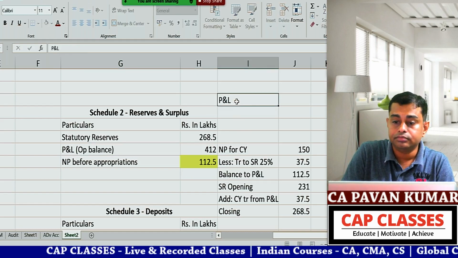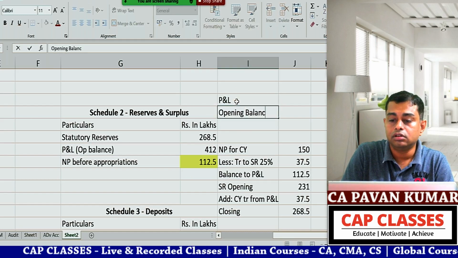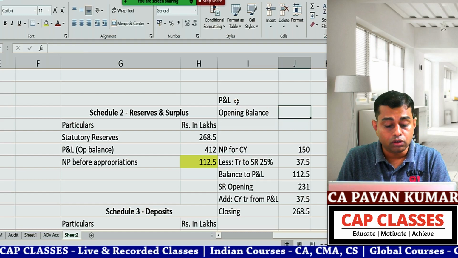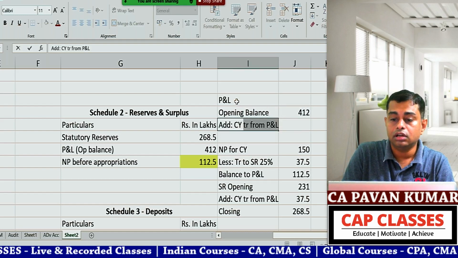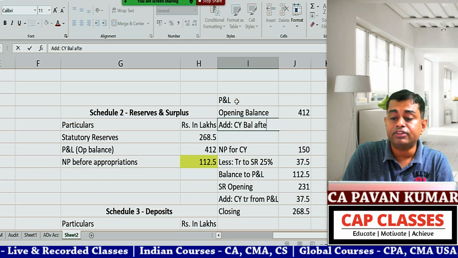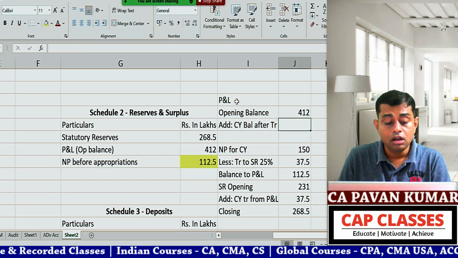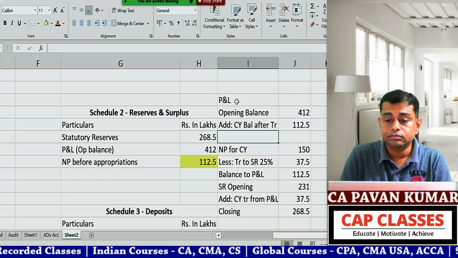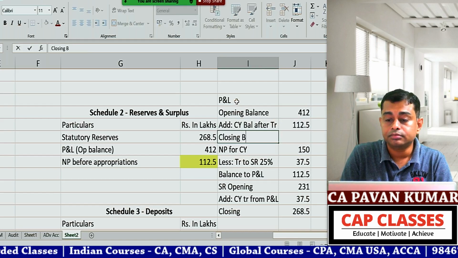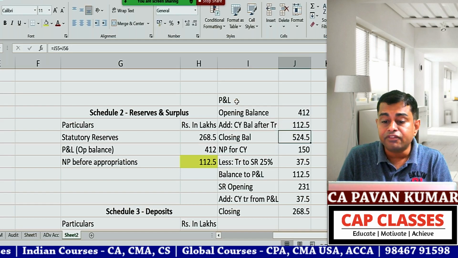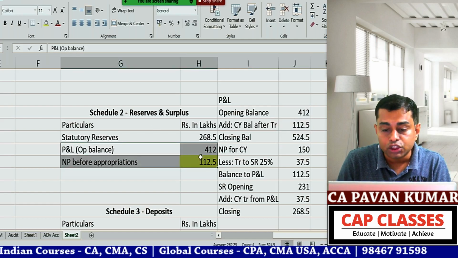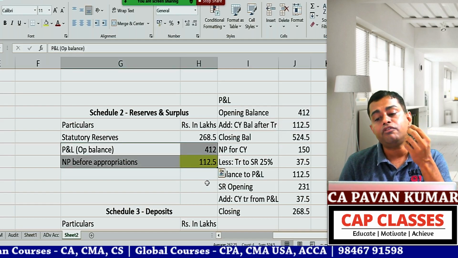P&L. Opening balance how much? 412. Add current year balance after transfers 112.5. Closing balance, this plus this. So this will be 524.5. Either you write these two lines like this or you put 524.5.